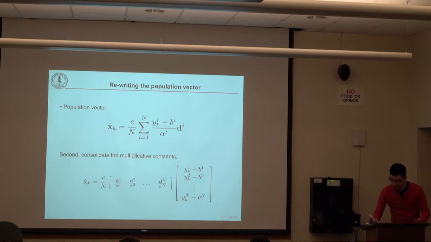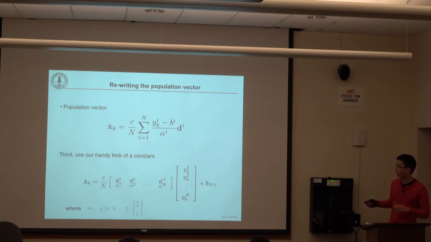Concretely, that would look like this. This term b_pv is merely equal to this matrix, C over n times d1 over alpha 1, et cetera, multiplied by all the b's. All I've done is distribute this matrix across my differences here. Does that all make sense?